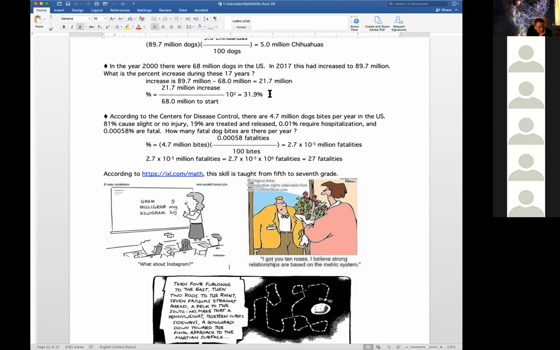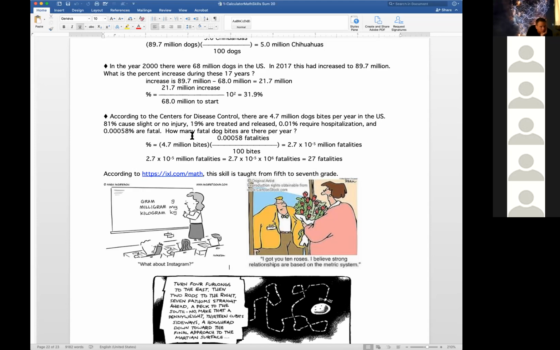So according to the CDC, there's about 4.7 million dog bites per year in the US. 81% cause slight or no injury, 19% are treated and released, 0.01% require hospitalization, and 0.00058% are fatal. So how many fatal dog bites are there per year?